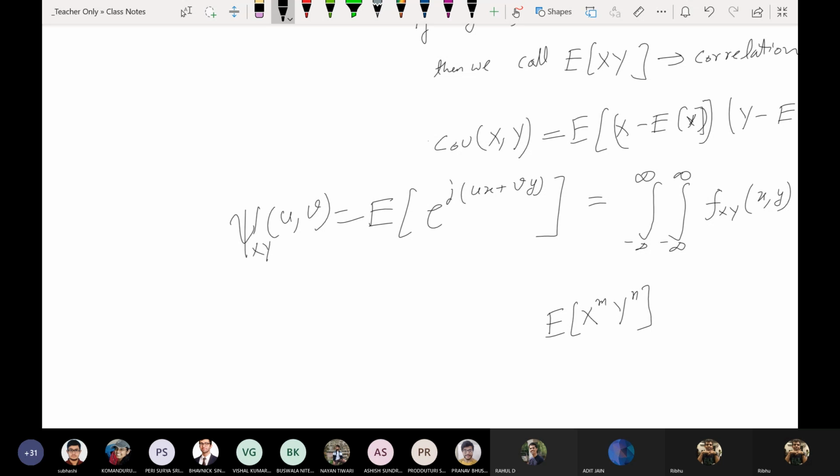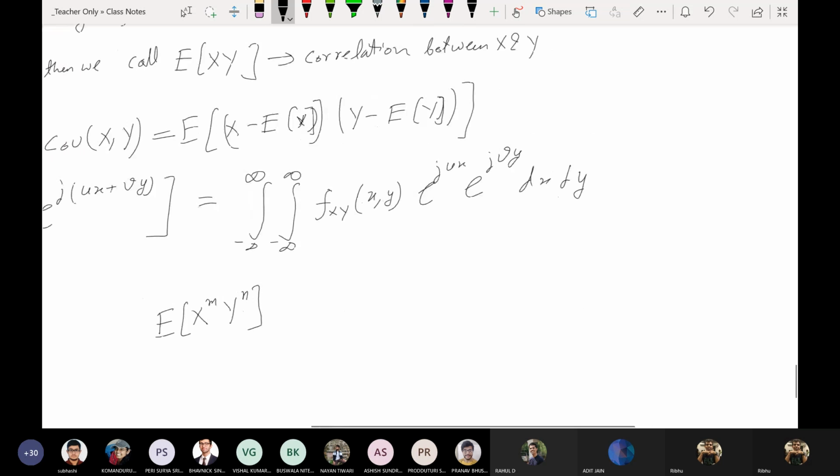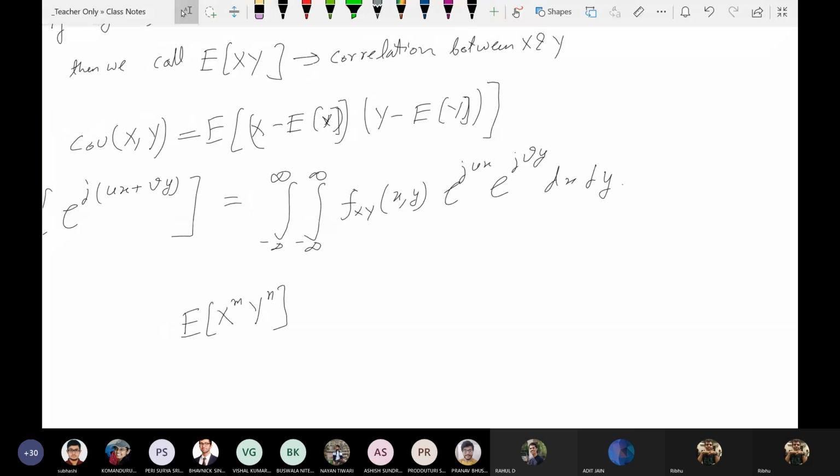As the number of variables increases, the monstrosity of this integration will also increase, so this is no longer much useful beyond a single random variable. We can actually define a characteristic function in n dimensions, but I don't think that will be much useful. But yes, mathematically it is possible.